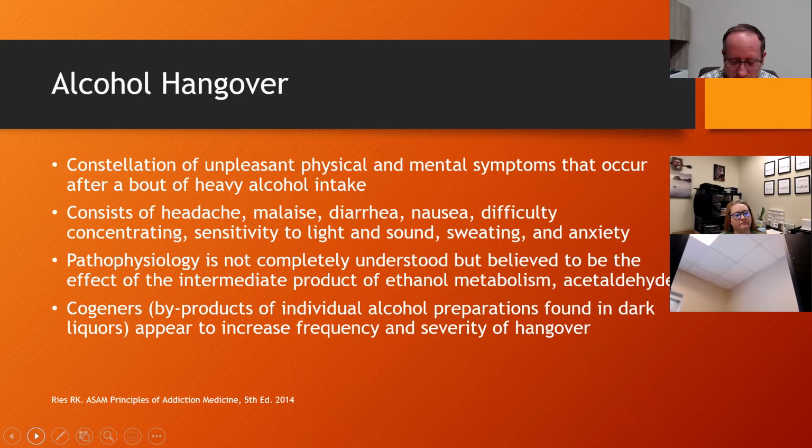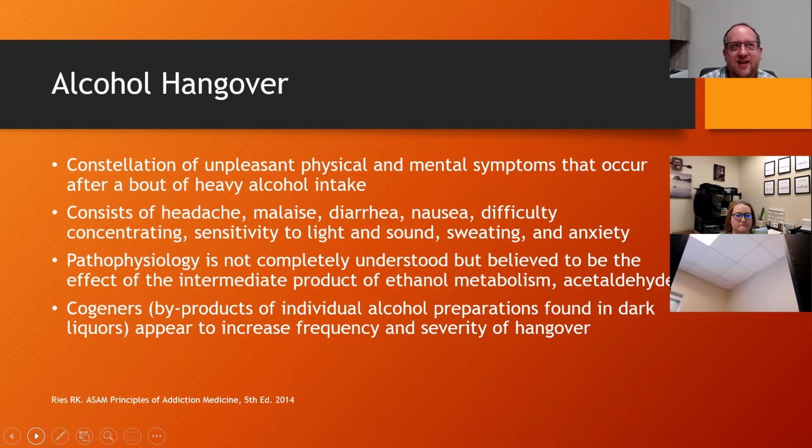So alcohol hangover, I think most of us have either had this or seen people who've had it, or seen people on TV who've had it. It's really just a vague constellation of unpleasant feelings, both physically and mentally, and it occurs generally after heavy bouts of alcohol intake. For many people, this is what's occurring when they're binge drinking and they're not used to binge drinking.